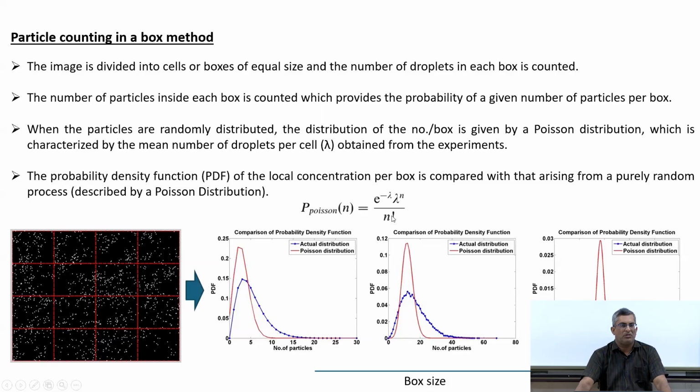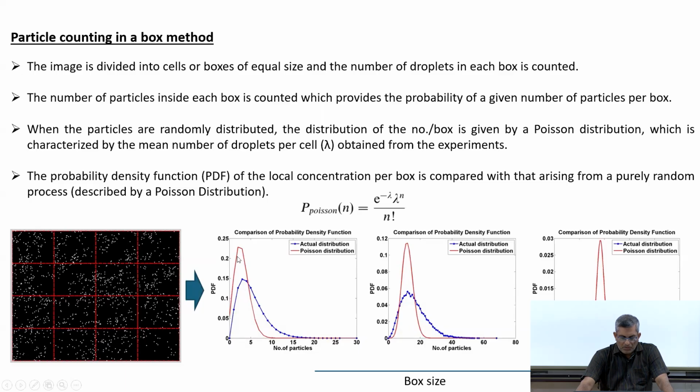So, if you know the mean number of particles, you can specify the Poisson distribution, and in case of Poisson distribution, the mean is equal to the variance. So, basically we know how the PDF of the Poisson distribution looks. Then we compare that with the experimental probability distribution that you have calculated from analyzing these images, and that is what we do here, as you can see here.